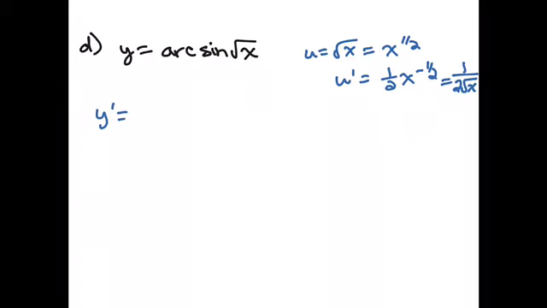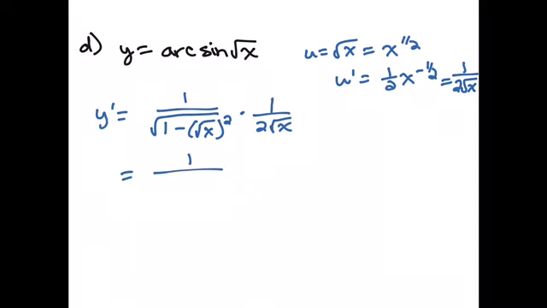So my derivative is 1 over the square root of 1 minus u squared, where my u is the square root of x. So we're going to square a square root here, times 1 over 2 times the square root of x, which is our u prime. And I get 1 over 2 times the square root of x times the square root of 1 minus x.